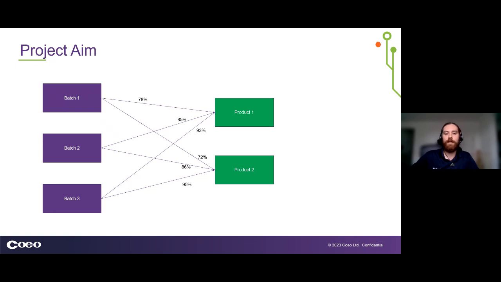So if they had a list of products, you can see here the green boxes, that they wanted to produce on a given day, they would then also have a list of what batches of raw material were available for those products on that given day, and then obviously details around those batches.